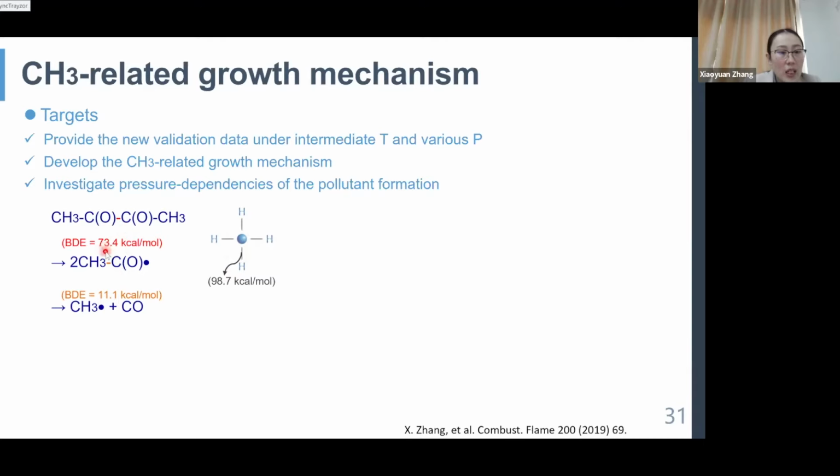As we can see, the chain initiation reaction in diacetyl would occur much more easily compared with methane. So diacetyl would be a much more efficient methyl precursor.